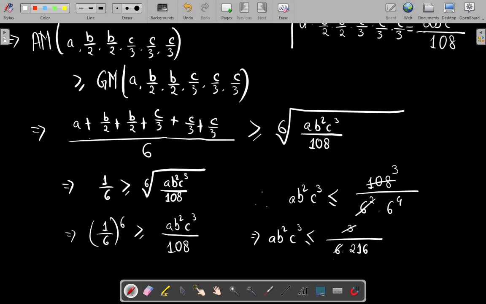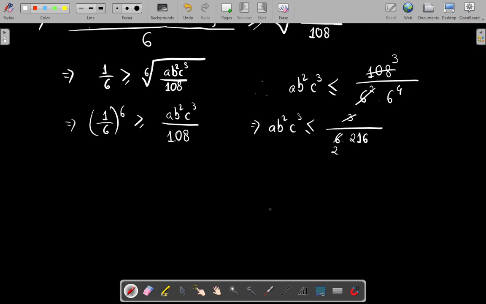So this will go and 2 times. So this implies that ab²c³ will be less than or equal to 1/(2 times 216), which is 432. So this is the maximum value.